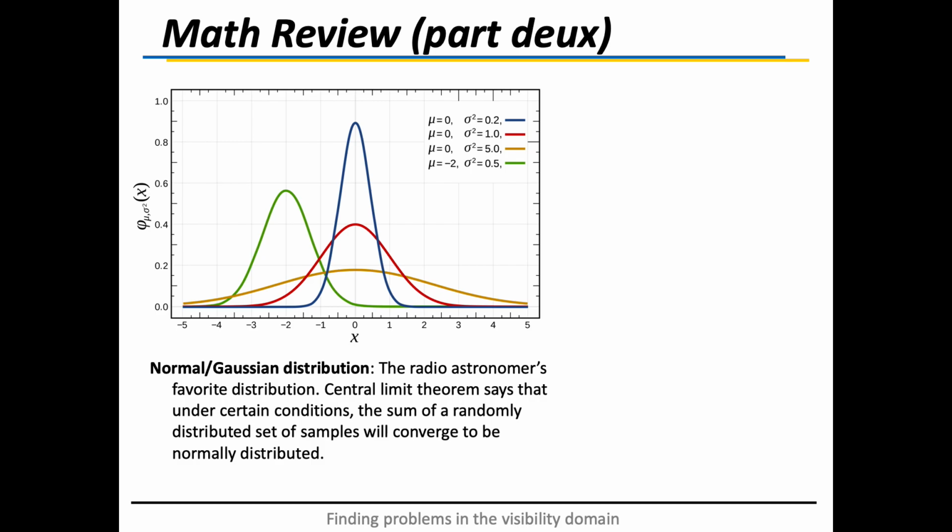So we typically in radio astronomy average together millions of data points and therefore trust that a lot of our data have errors or have noise statistics that follow a normal distribution.